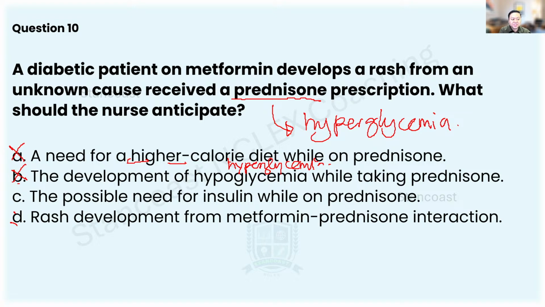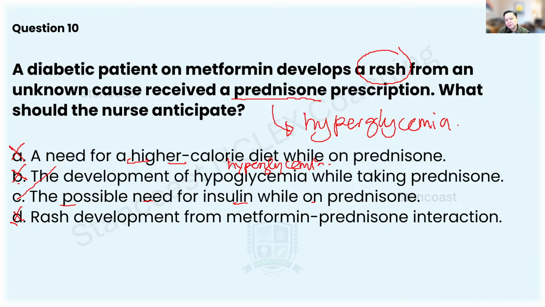So if you answered letter C instead, the possible need for insulin while on prednisone is going to be the correct answer. This is known to increase the patient's blood sugar. So at this point, they might need insulin to better control their blood sugar, especially for those patients that have diabetes.